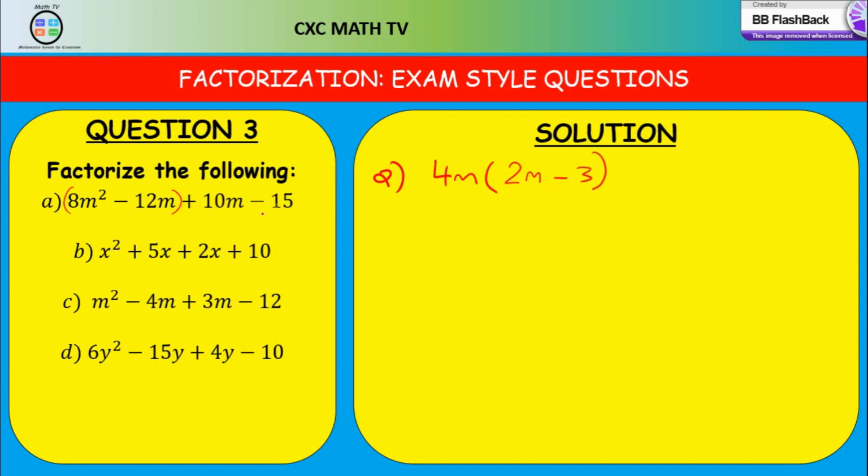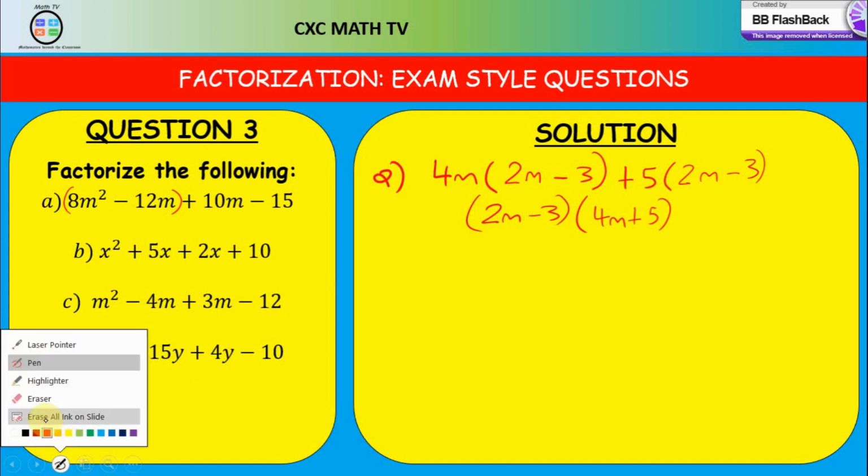From the next two, they have 5 in common. So we take out 5 and we're left with 2m minus 3. Now both of these terms have 2m minus 3 in common, so the answer is (2m minus 3) times (4m plus 5). That is it.